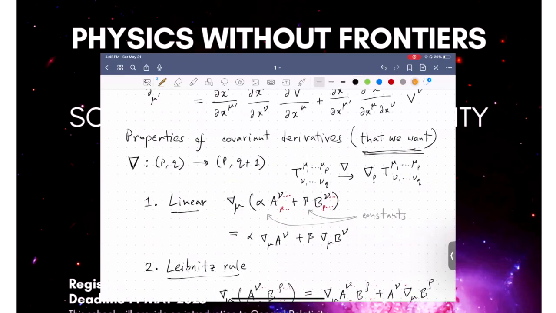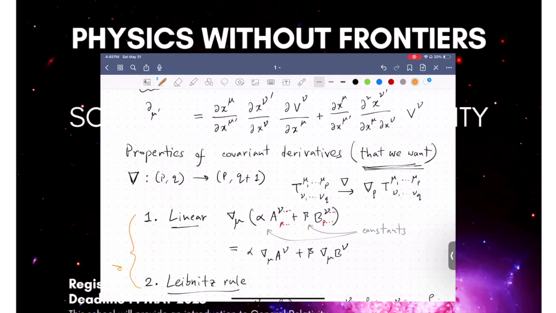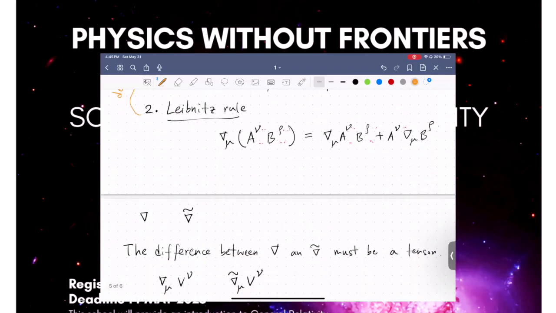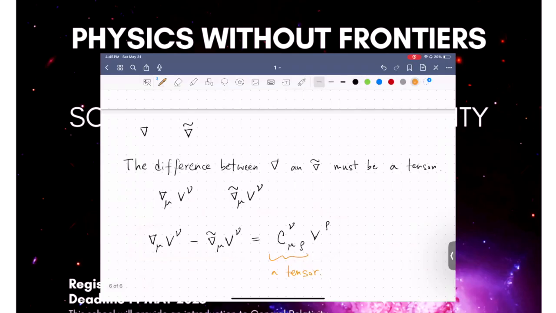So let me point out that these two properties define a derivative. And this property makes it covariant, that you map tensor to tensor. And this thing that I'm mentioning, this applies to derivatives, they don't even have to be covariant.